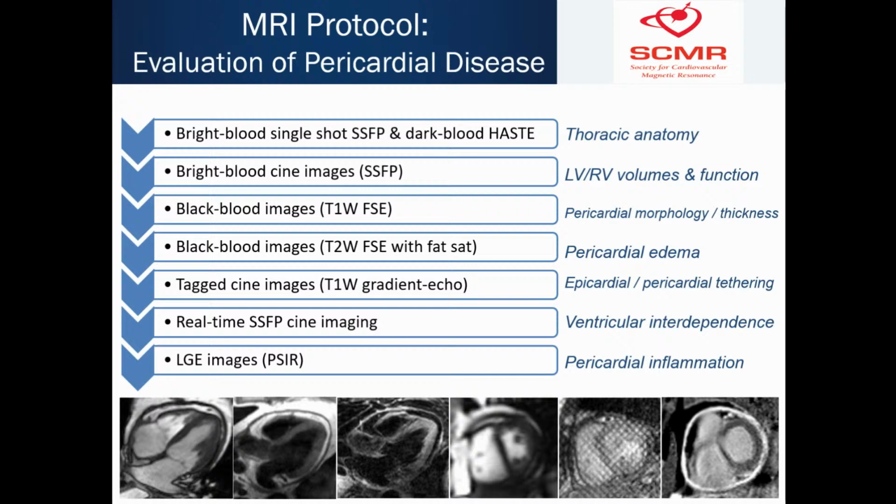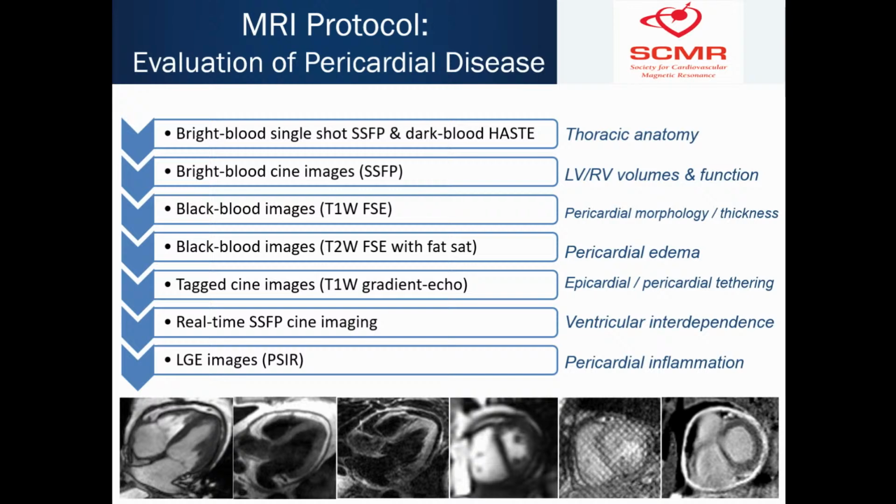This is really to show you your thoracic anatomy. We'll then do SSFP imaging of the myocardium itself. This becomes very important for calculating all our LV and RV volumes and function that you all are really comfortable with now. We will then do some black blood imaging that is T1 weighted and T2 weighted.